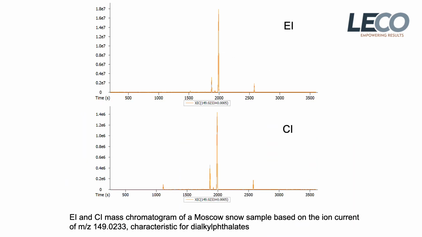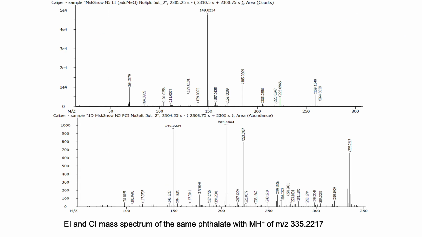And here, chemical ionization may be really very helpful. Look, here mass chromatograms reconstructed using electron ionization or chemical ionization. They are quite similar. So no problems you are dealing with electron ionization or chemical ionization. And then you come to mass spectra. Look, they are quite different.